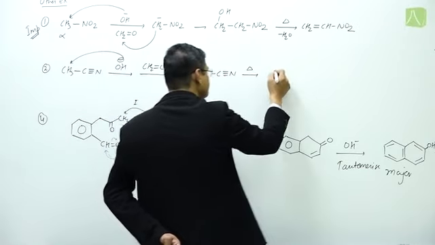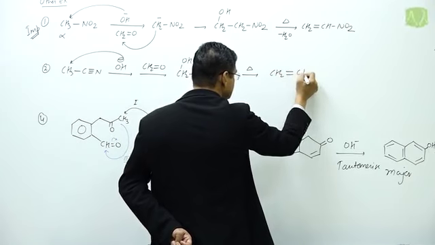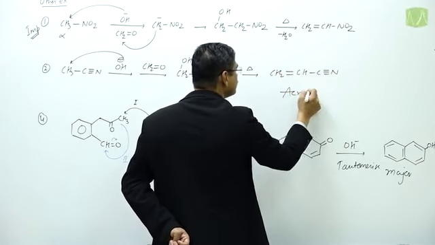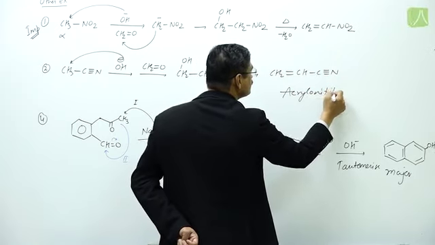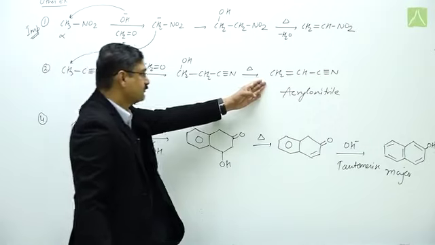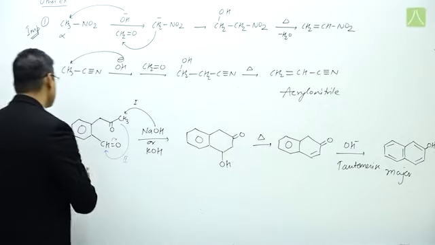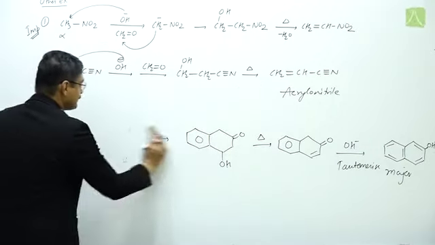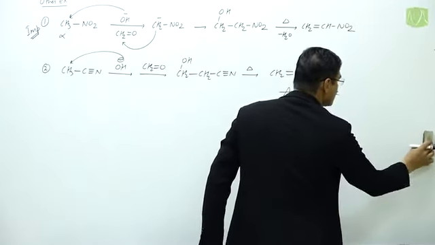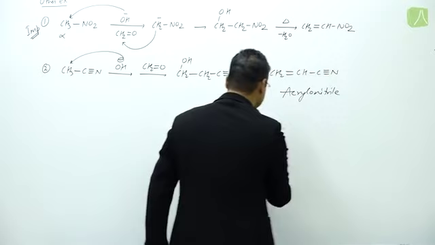On heating, acrylonitrile is obtained. This is a useful compound used to prepare the polyacrylonitrile polymer, the Orlon polymer, that is polyacrylonitrile.